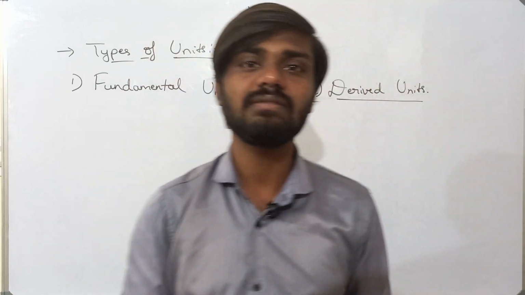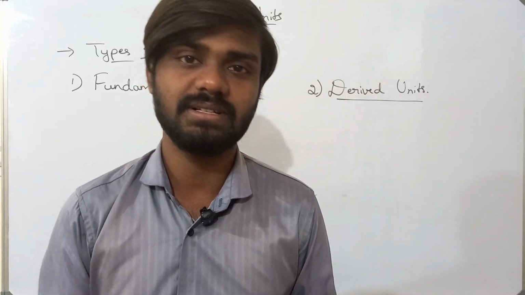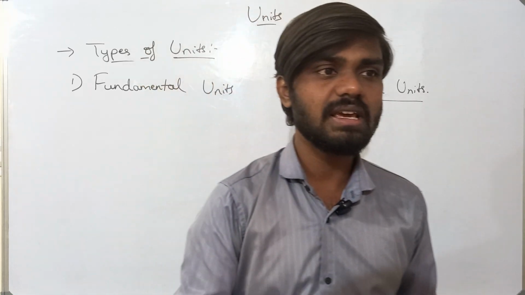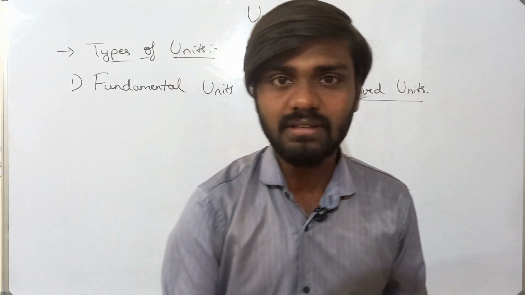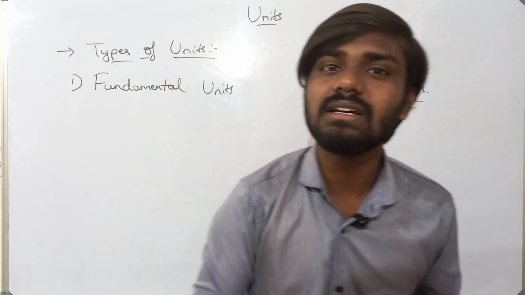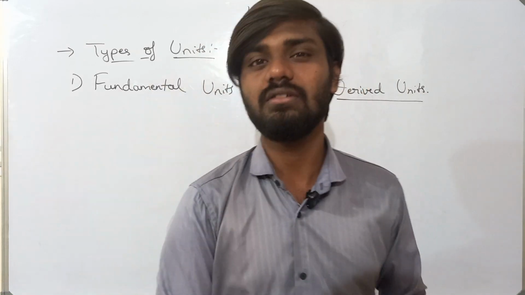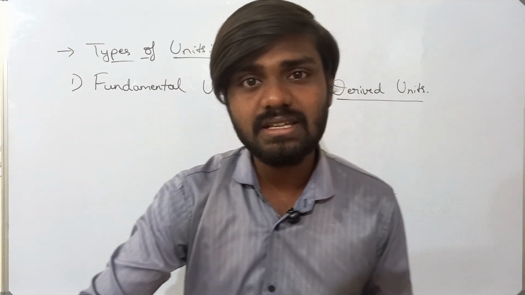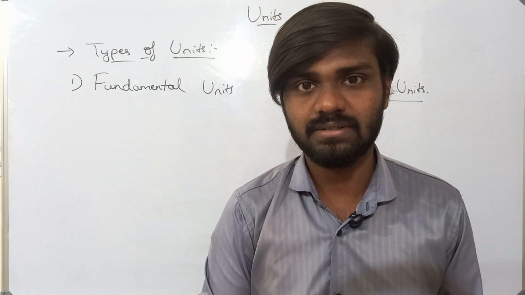See, before we understand fundamental units, in our nature, many physical quantities are present. You can say n number of physical quantities are present. But some quantities out of these physical quantities are independent of each other and exist without dependence on the other physical quantities.